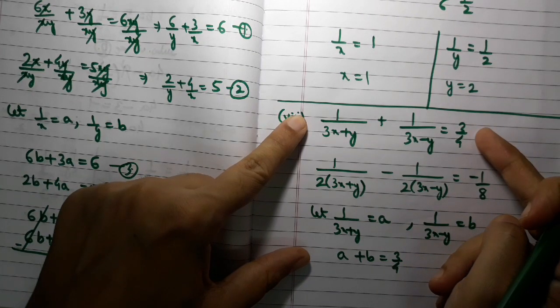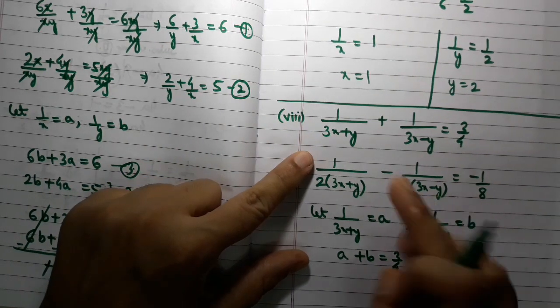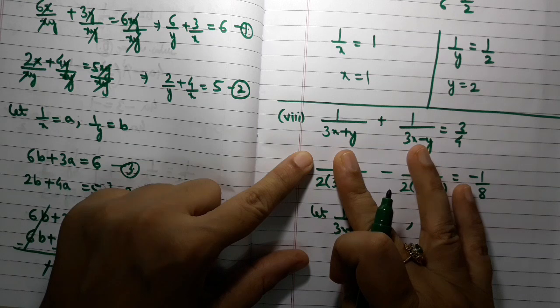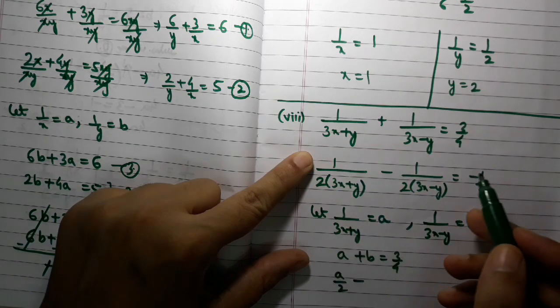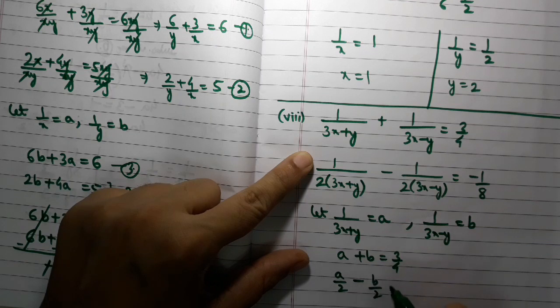This is what we obtain from here. And from here 1 upon 3x plus y is a. So we are left with a by 2, and over here this becomes minus b by 2 is equal to minus 1 by 8. Now we have to solve these two equations, and here the variables are a and b.